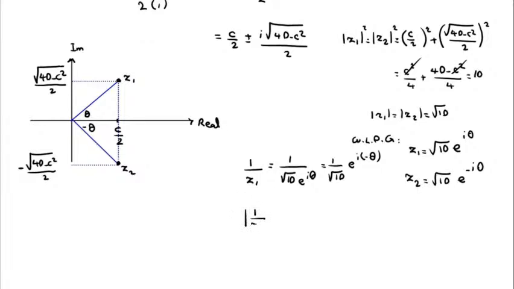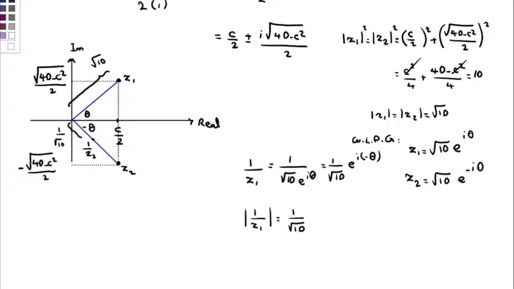and you can easily see that the length of this is 1 over root 10. So 1 over root 10 is less, so it will be 1 over z1. And similarly, the length here is 1 over root 10, and the length of all is root 10.